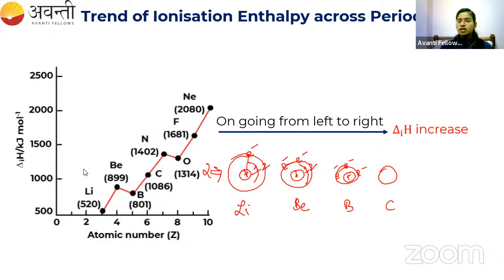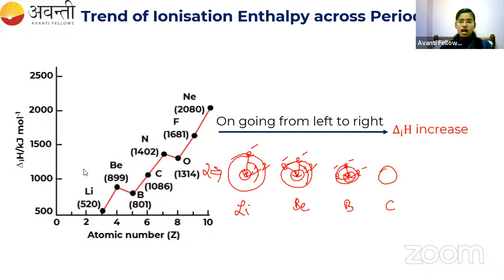So the electron will get attracted towards the nucleus. As we go across the period, more electrons occupy the outermost shell, which increases the attraction between the nucleus and the outermost electron. Because of that, size is decreasing.